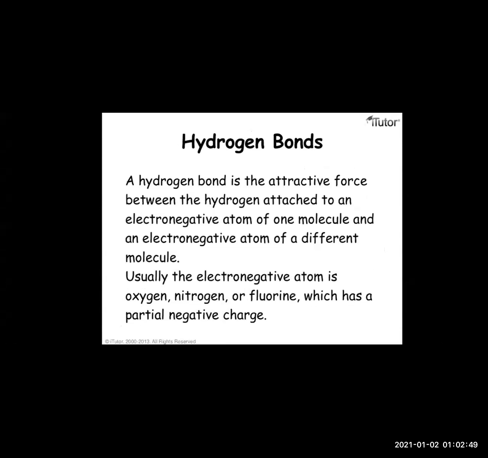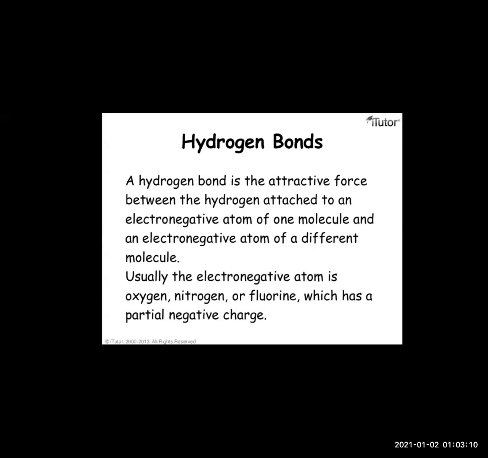Then the third type of bond is the hydrogen bond. Now what is a hydrogen bond? In this hydrogen bond, there is an attractive force between a hydrogen attached to an electronegative atom of one molecule and an electronegative atom of a different molecule.